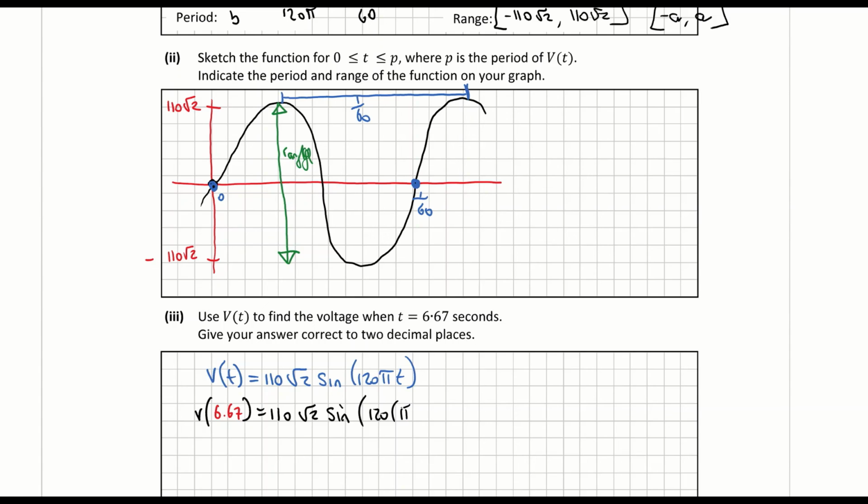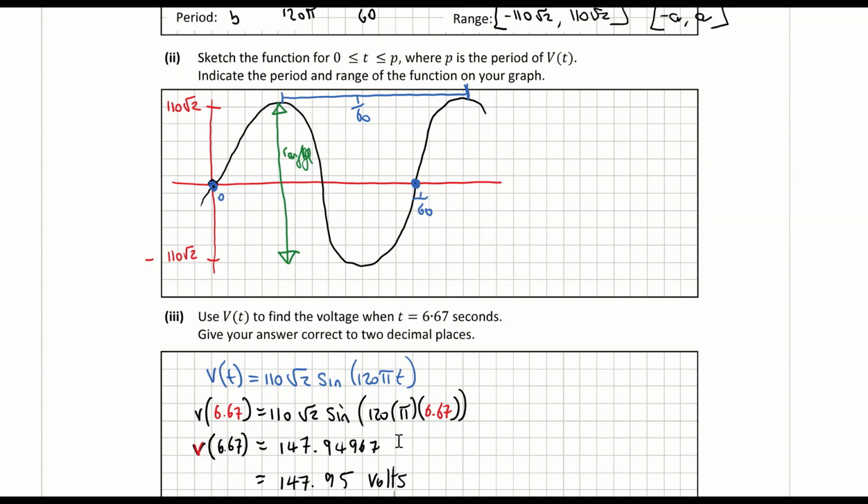Just be careful here, it's calculator work, so put things in brackets to make life easier for yourself. The voltage at time 6.67 is 147.94967 on my calculator anyway. Give your answer to 2 decimal points, so that's 147.95 volts. Okay, that's part B done.